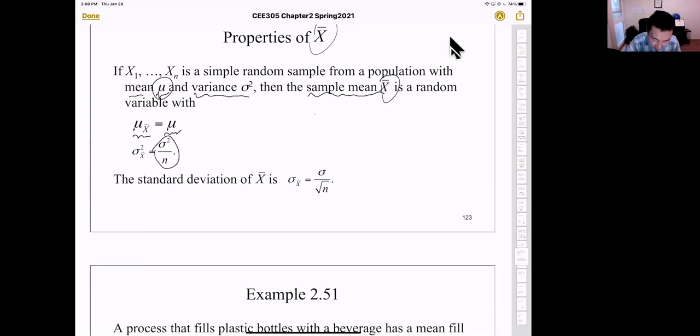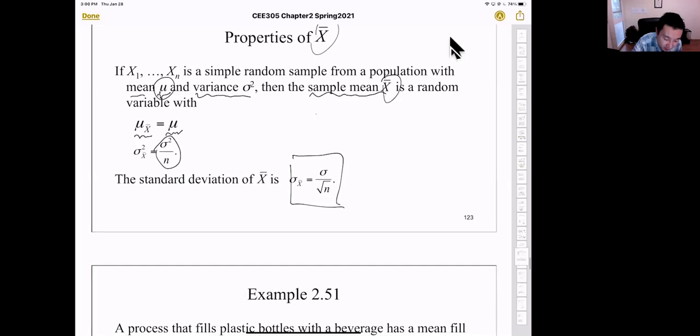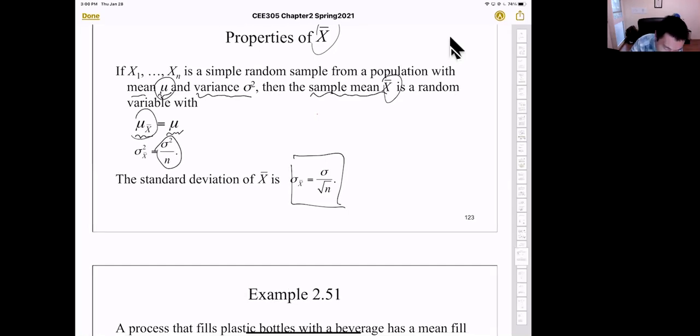And the standard deviation is this. So that tells us when we have n simple random samples and we increase the sample size n, the mean value of the sample mean does not change.